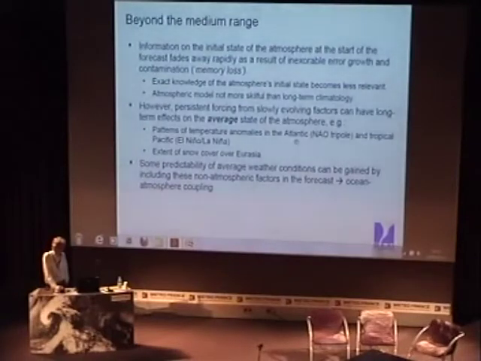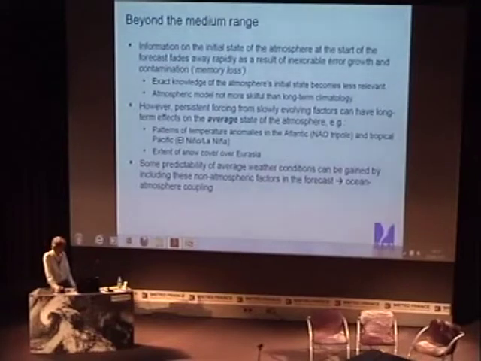These are persistent forcings on your forecast, on your weather, that may try and push it in some direction: cold weather, warm weather, lots of rain, etc. But on average, not for a single day. We're not trying to predict the weather anymore.